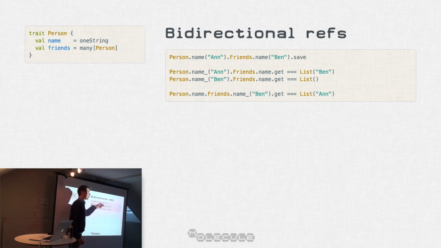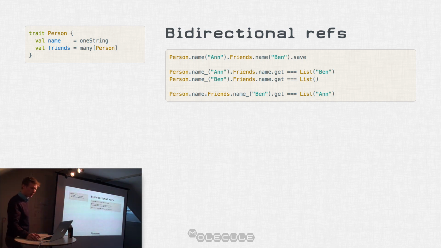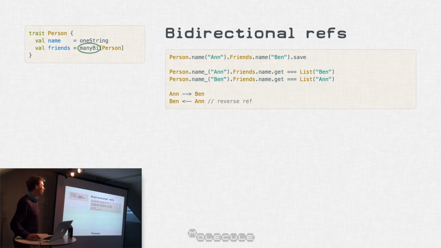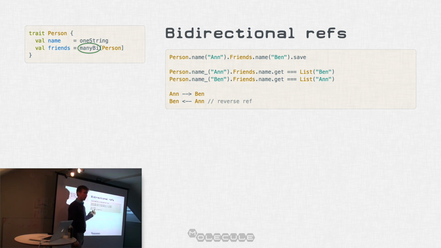But we want to be able to go in both directions. So I created these bidirectional references, so you have a many bidirectional reference to a person. It creates a fact one way and a fact the other way. That's something molecule does. So whenever you do a query, you get the more natural answer. Right? And since molecule saves that in the database from the beginning, when I enter the friend, it's also recorded.